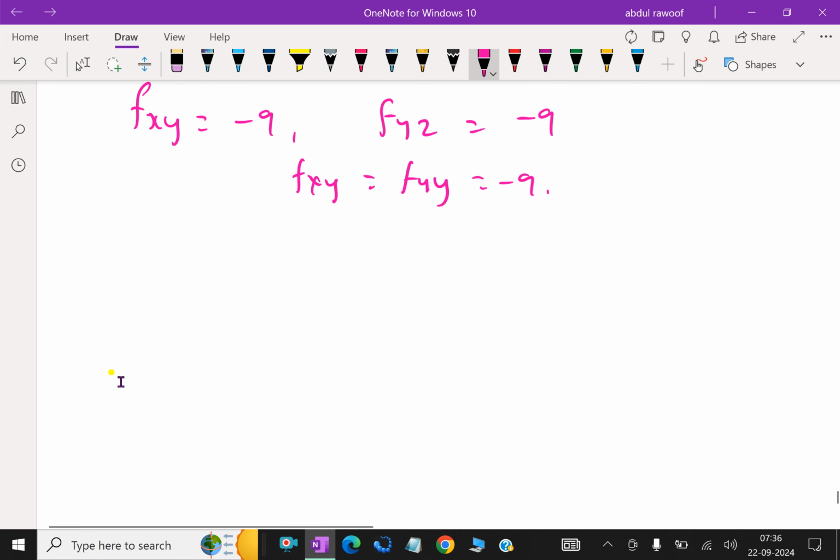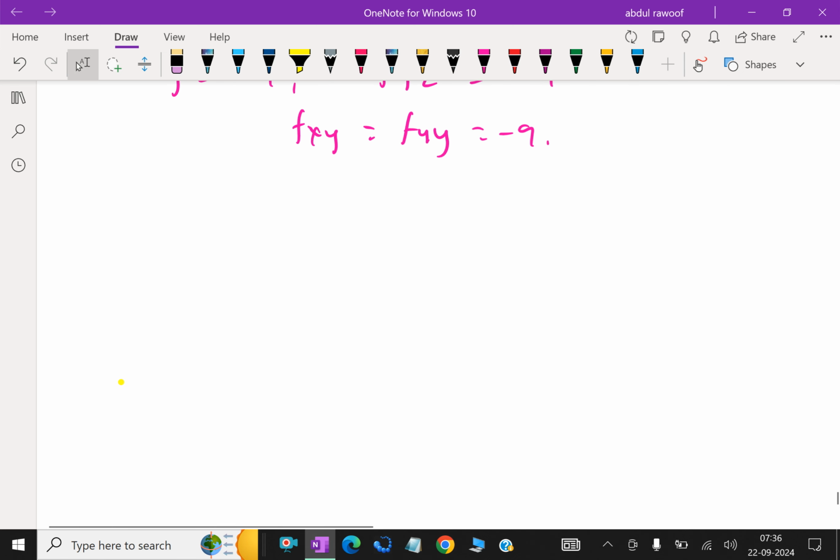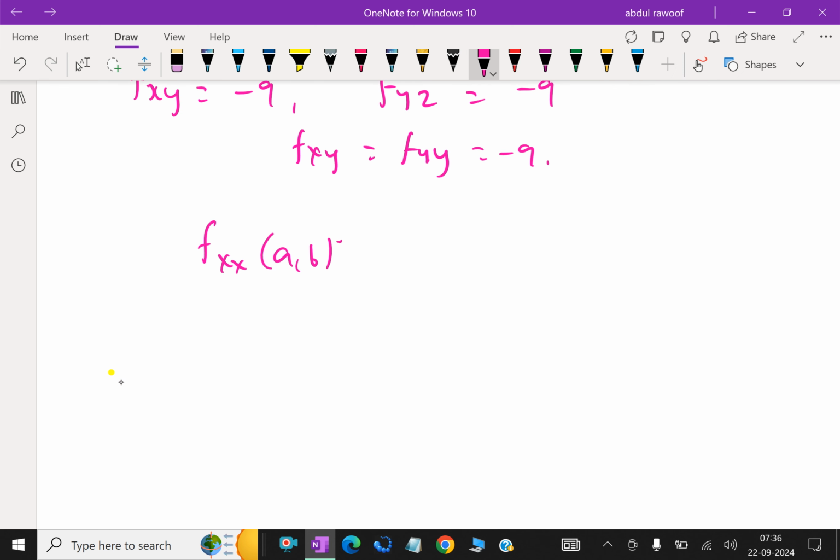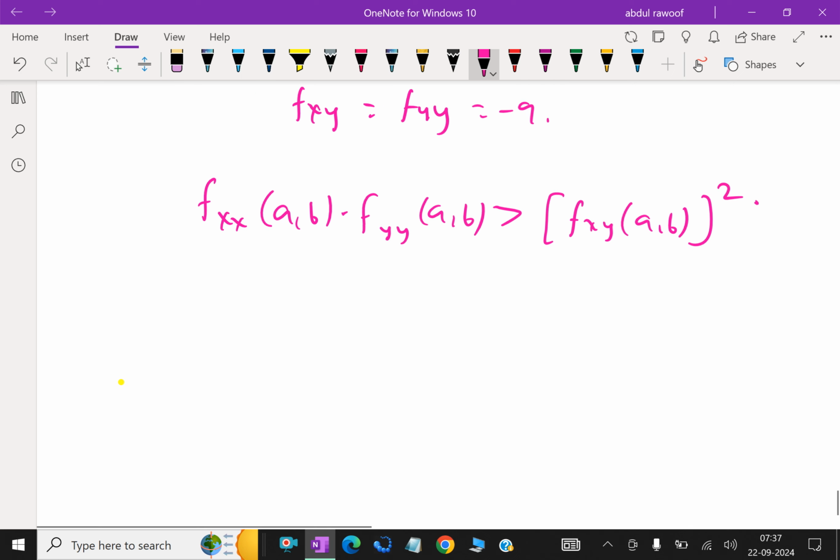That's the second condition. Therefore, in general, we can write that fxx at point (a, b) times fyy at (a, b) should be greater than fxy at the critical point (a, b) squared. This condition we will check.